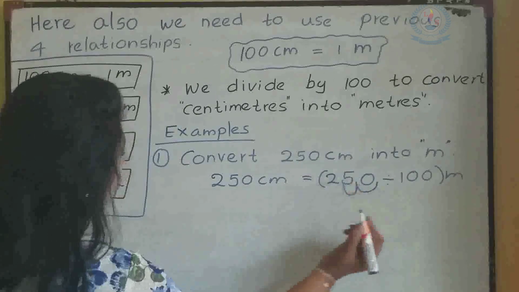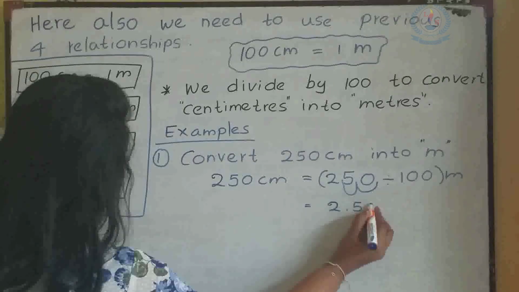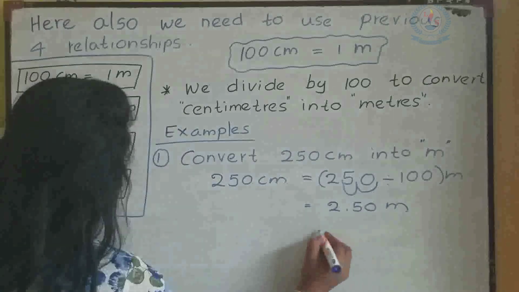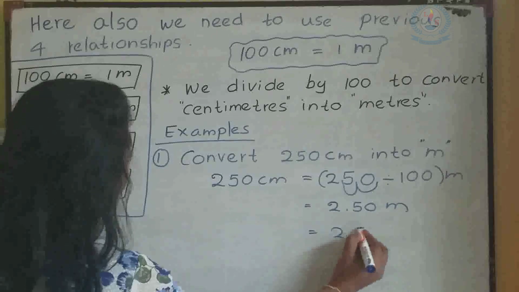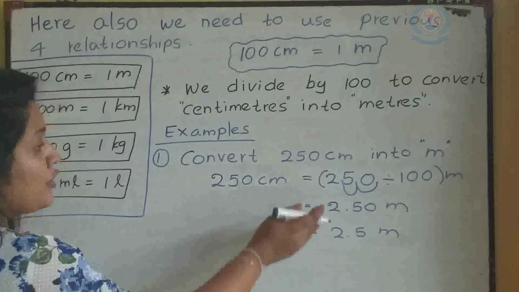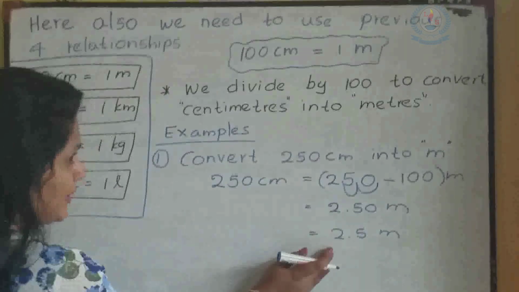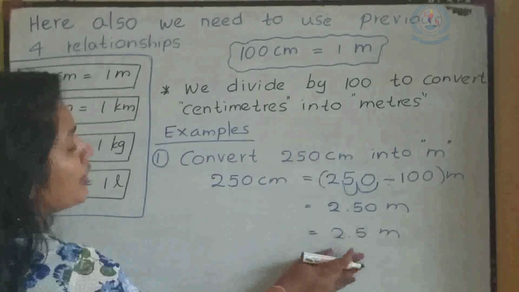Then it comes to here. Then the answer is 2.50 meters or else 2.5 meters. We can write the answer as 2.50 meters or 2.5 meters. Without the zero is also correct.